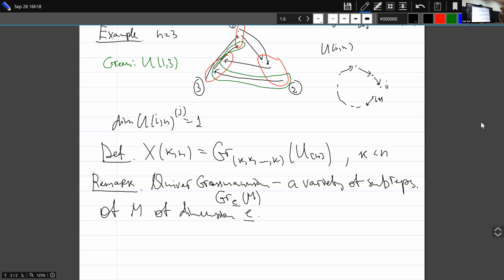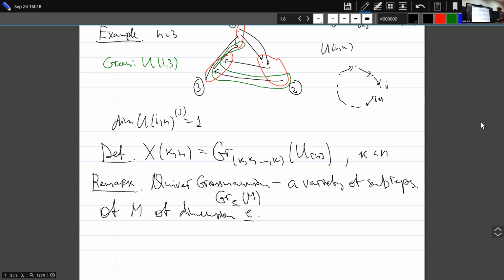So the condition I wrote was exactly the condition on sub-representations of a given representation, the compatibility with the maps. This is just the definition of sub-representation. So what's written here is that you take sub-representations of dimension k.